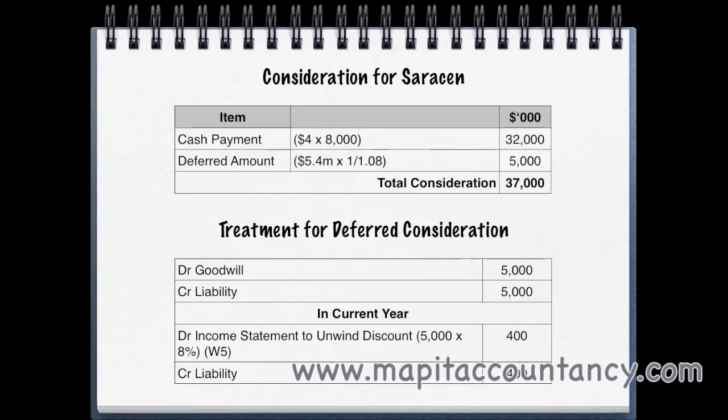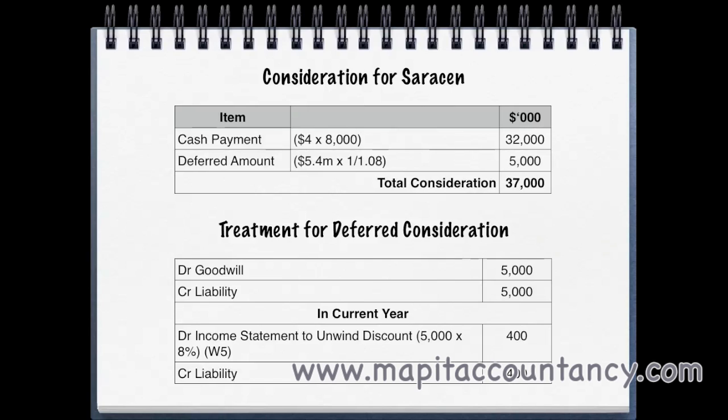Then that liability that we carry, we need to unwind over the number of years until we actually have to pay it. Now we pay it in 1 year's time, which is the day after our statement of financial position date. So we'll debit the income statement, credit a liability with the amount of the liability times the discount rate. So that's the treatment for the deferred consideration.